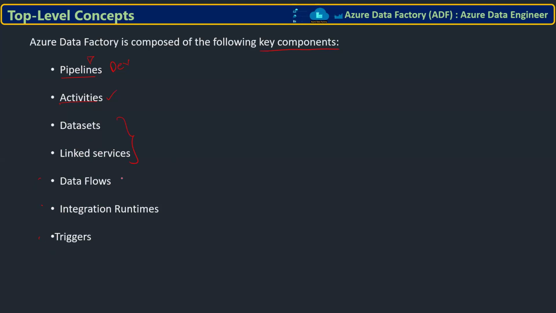So data flows in the Data Factory side. If you are doing transformation, say whatever SQL you learned, if you write a query, that is also data transformation. So data transformation you can do in SQL, in the Data Factory, or in the PySpark notebooks, that is Databricks.